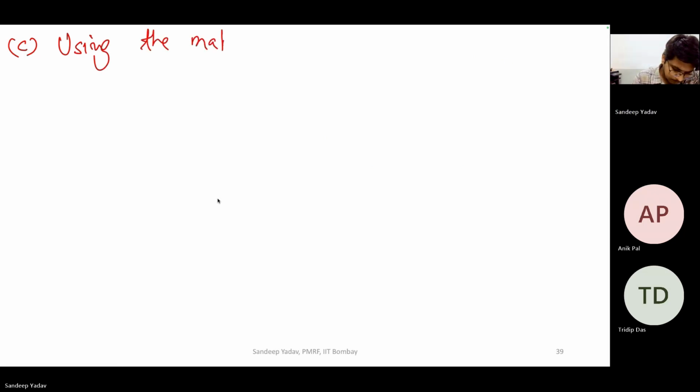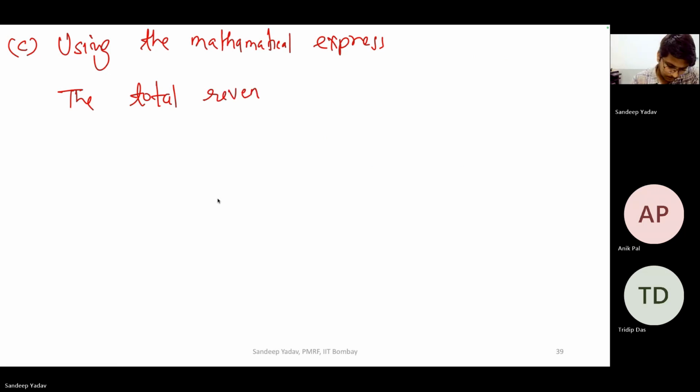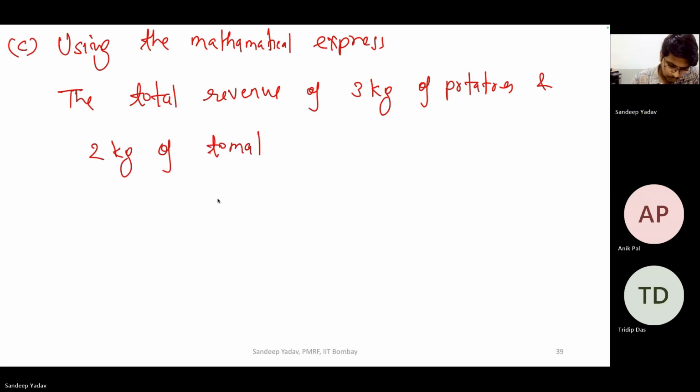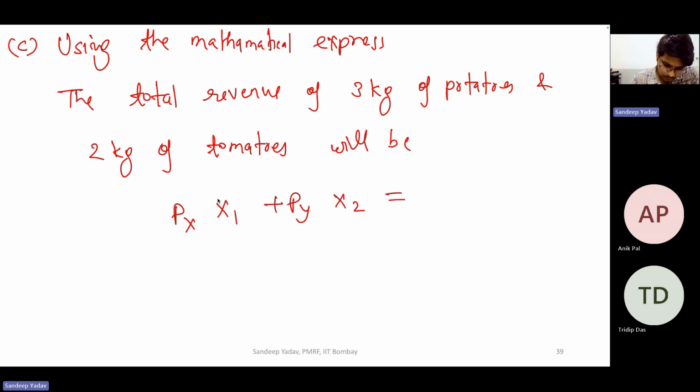Using the mathematical expression, the total revenue of 3 kg of potatoes and 2 kg of tomatoes will be: from px into x1 plus py into x2 should be y.